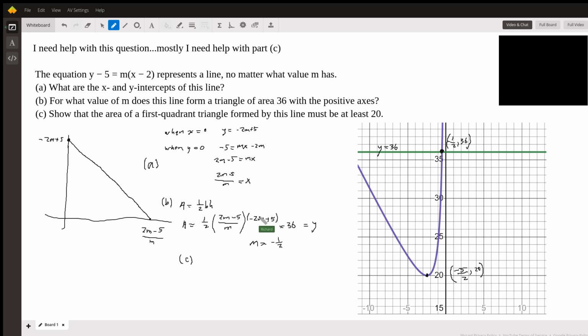To show that the area has to be greater than or equal to 20, you'd have to set the area greater than or equal to 20 somehow and play with that. I think really this is very well suited to a calculator. Hopefully your teacher isn't going to disallow the use of a calculator on this problem, but that's how you would go about solving it using a graph or graphing calculator.